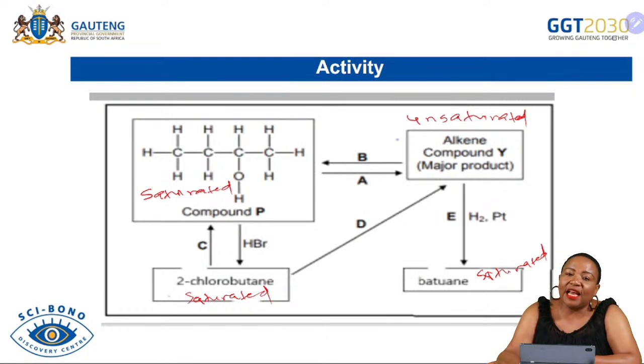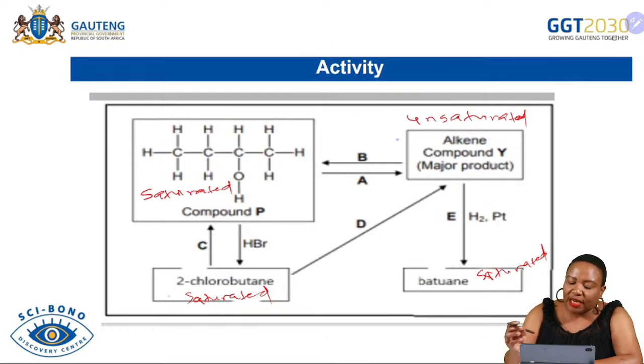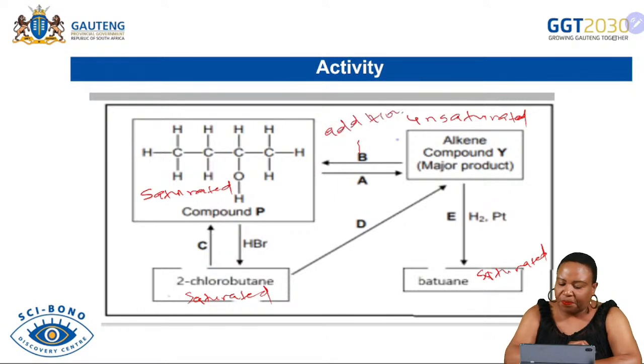Therefore, as the arrow is moving from the unsaturated alkene to the saturated compound P, which we have identified as an alcohol, we know that reaction B is going to be an addition reaction. So this one is from unsaturated to saturated, then our reaction is addition, meaning it's our USA.